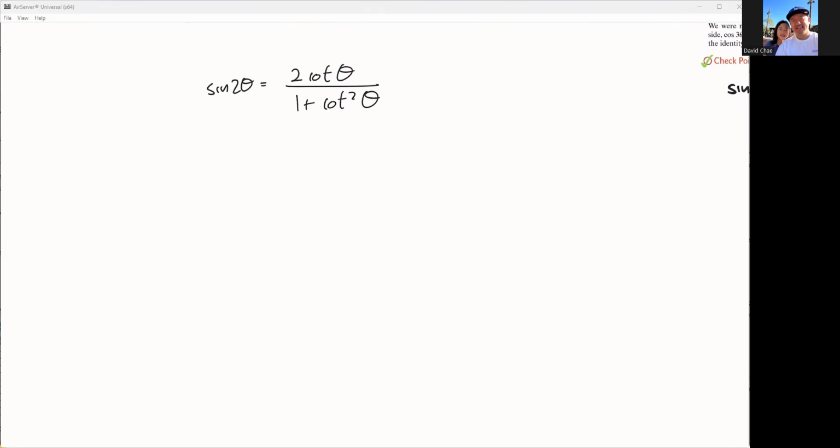I'm gonna do it on my notebook. I was gonna do power reducing, but I don't think we have enough time, so we'll finish the rest of them on Wednesday. Look at the different identities.